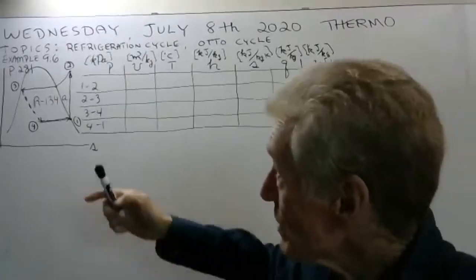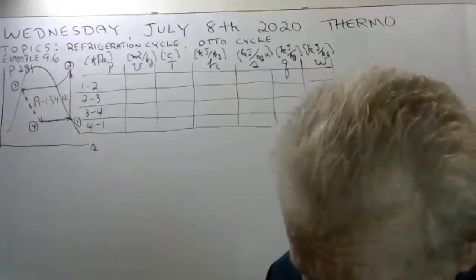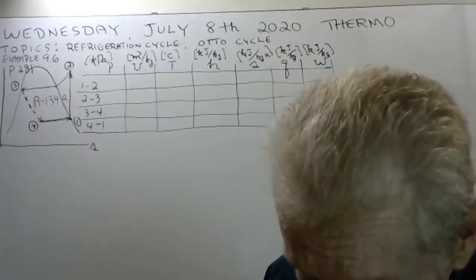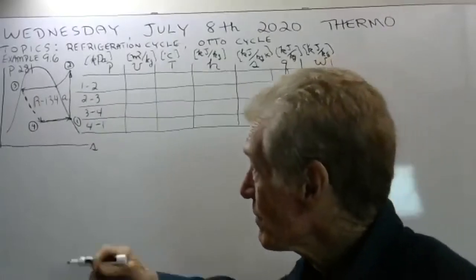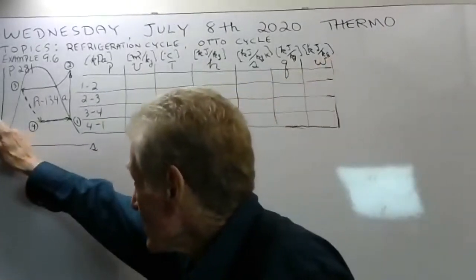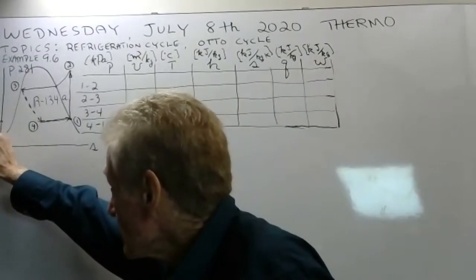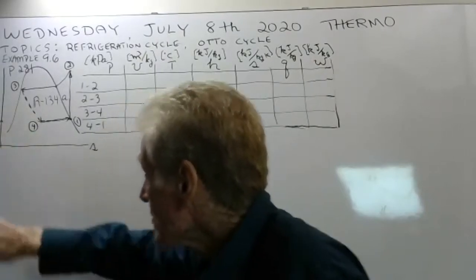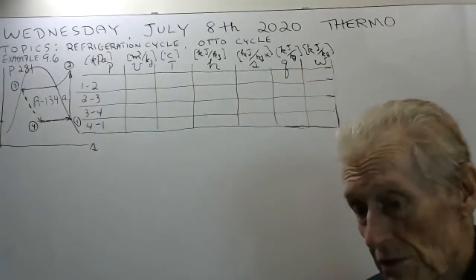I'm on page 281. It says R134A, and you're at minus 20 Celsius. Well, why don't I write that? See, this is minus 20 Celsius. Okay, now we'll go to table 134A.